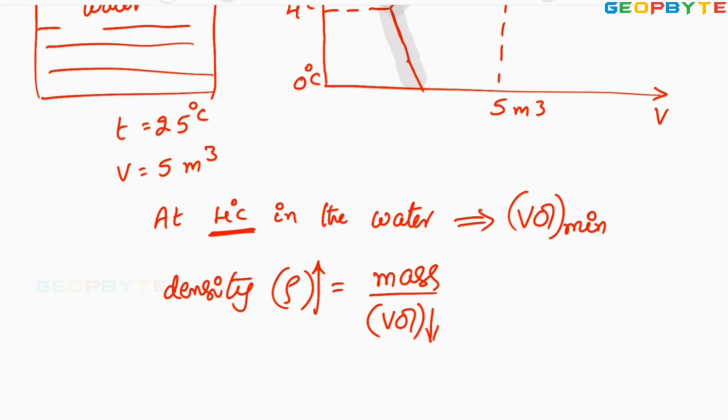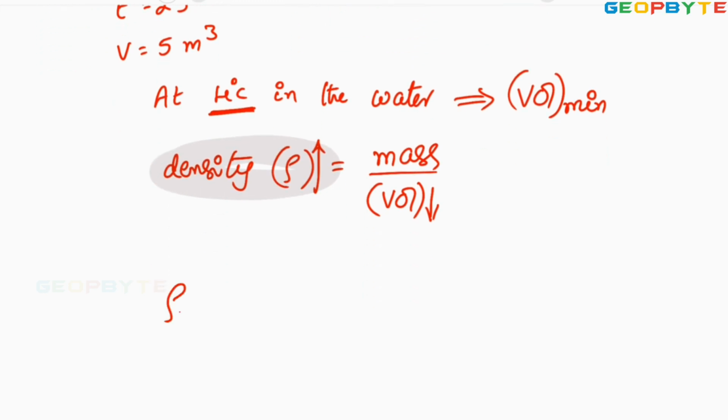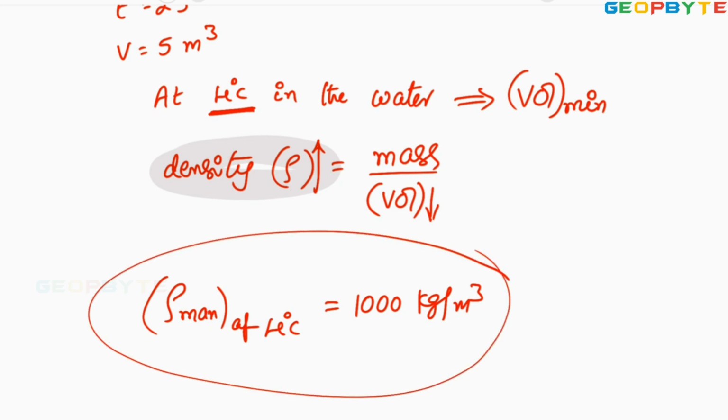That is the practical reason the density of the water is high. The maximum density of water, at 4 degrees centigrade, is equal to 1000 kg per meter cube. That is the highest density of water, only at 4 degrees centigrade.